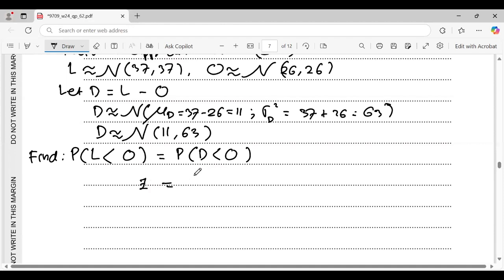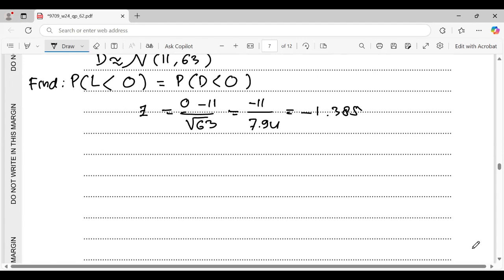Z equals 0 minus 11 over the square root of 63. The square root of 63 is 12.94, so this is minus 11 over 12.94, which is minus 1.385.